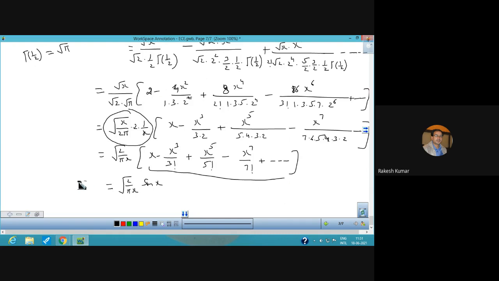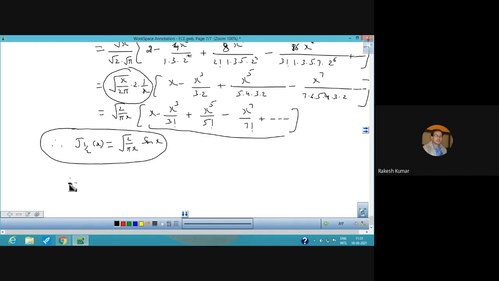And on the left hand side, we were having j 1 by 2 x. So you just need to remember this relation, that the value of j half is square root of 2 over pi x into sin x. In the similar way, we can also find out the value of j minus 1 by 2 x.